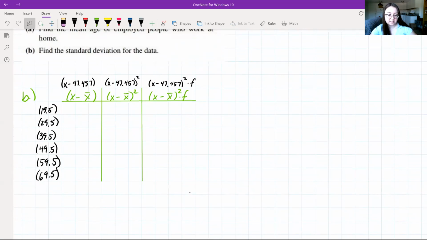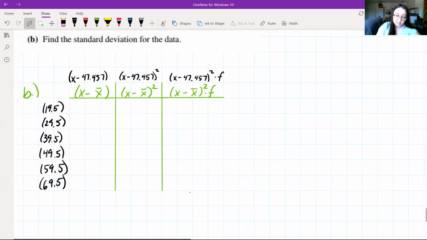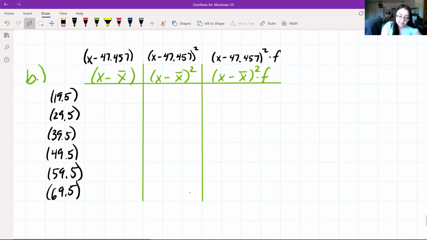So in our first column, in our first row, we have 19.5 minus 47.457. So when we find this value, it's going to be negative 27.957. Then we're going to take 29.5 minus 47.457, and we're going to end up getting negative 17.957.